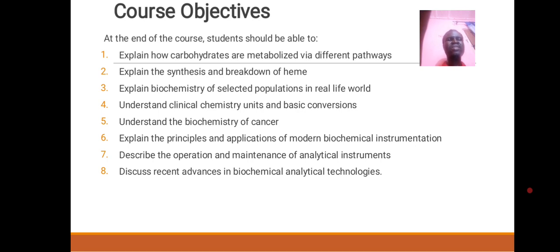You have to know the C10-6 and the breakdown of heme, and also to know and be able to explain the biochemistry of selected populations in the real world. And not just that, it is of interest also to know some of these instruments we use in clinical chemistry, which we are familiar with, and also to understand the biochemistry of cancer. These are basic things that we are expected to know in this course.